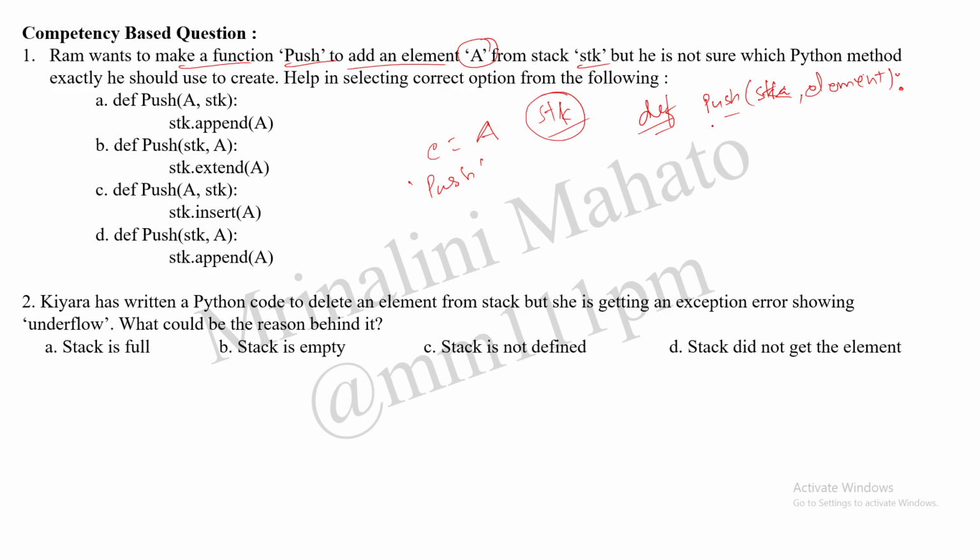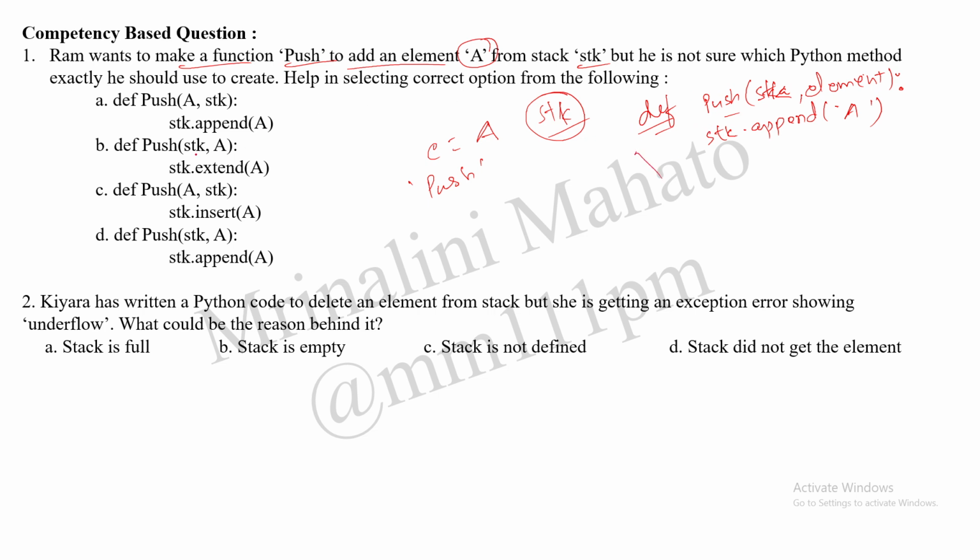Now what will we write? In the push what are we doing? Append function. Which function will we call? Append. So then STK dot append, which one? A. Which element? A element. Okay, this is our function.